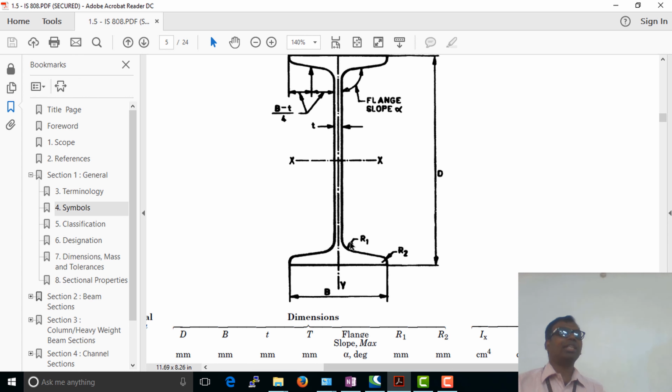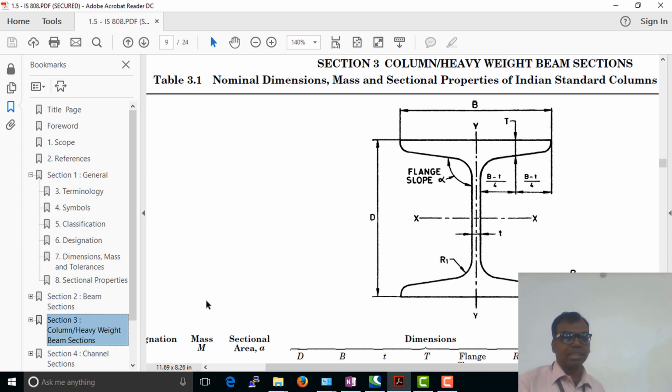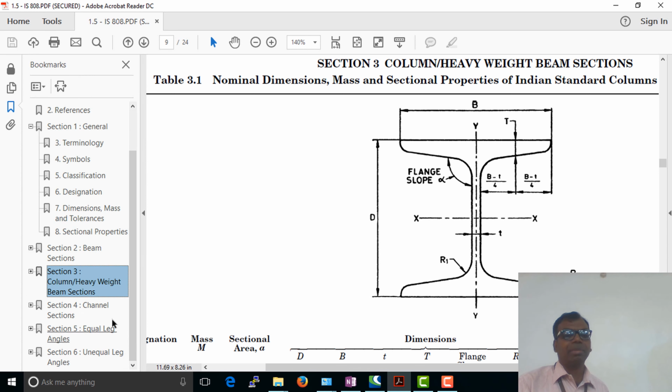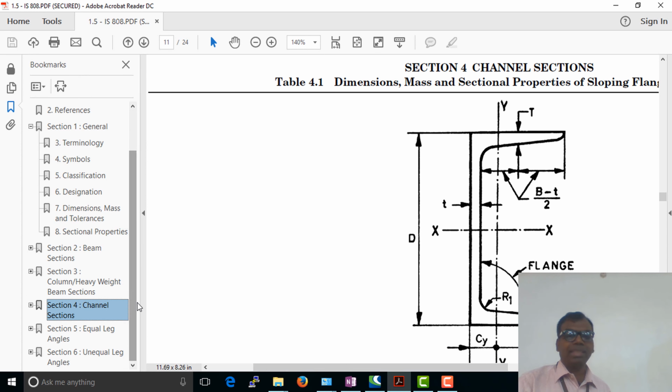When you try to bolt it, there is not a flat bearing surface. Okay, but in any case, you've got the x-axis and the y-axis. These are the centroidal axis of the section. These are all various sections, like heavier sections in the sense that the flange is much heavier in some of them. In some of them you'll find that the web is thicker. Why is it thicker? We'll come and have a look at it a little later.